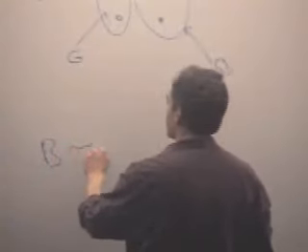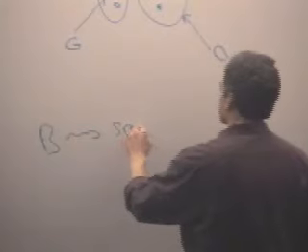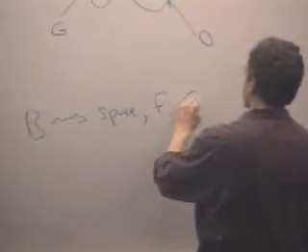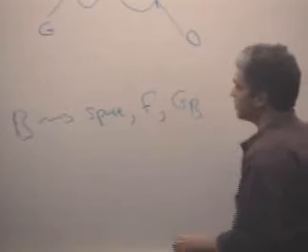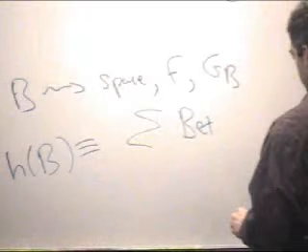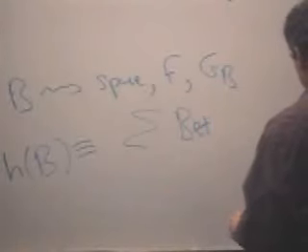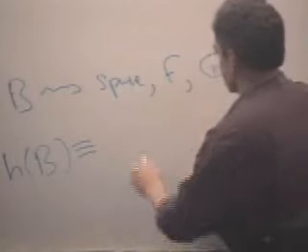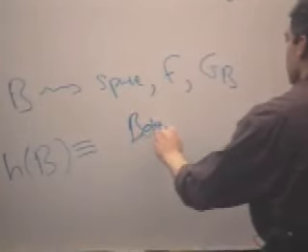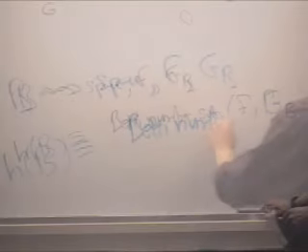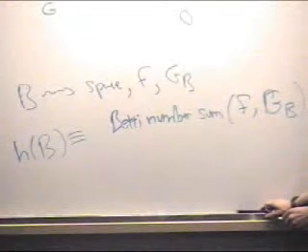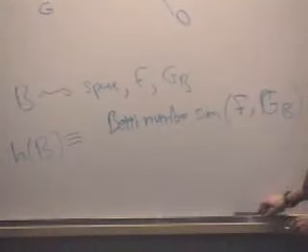Anyway, so to B, we associate the space F and G of B, and now H of B, by definition, is what I call the Betti number sum on FGB.